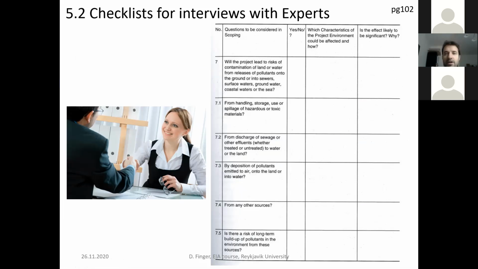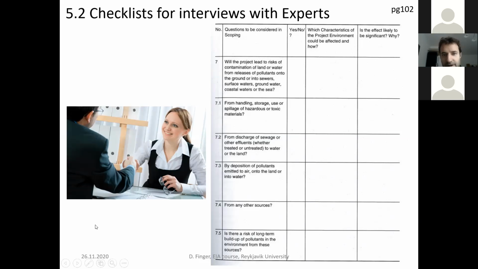You want to prepare your questions so that at the end you have a way of arguing why you weigh certain impacts stronger than others. And if you list this out in the report, then your report becomes very objective, because you can simply say, look, based on this survey, we say that this is the most important impact of this project.